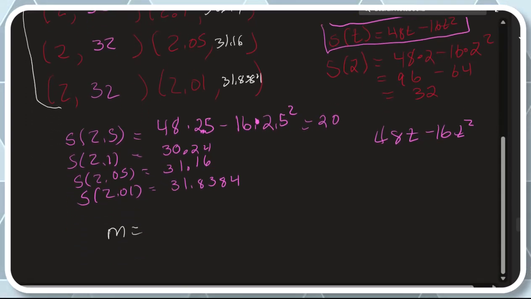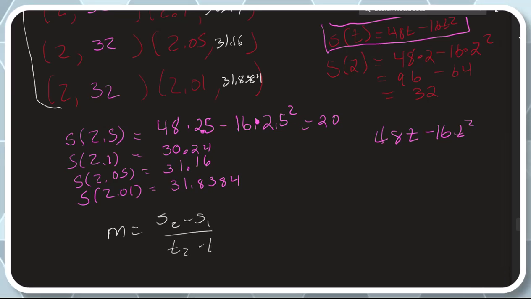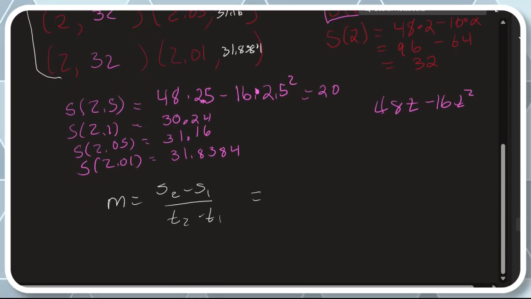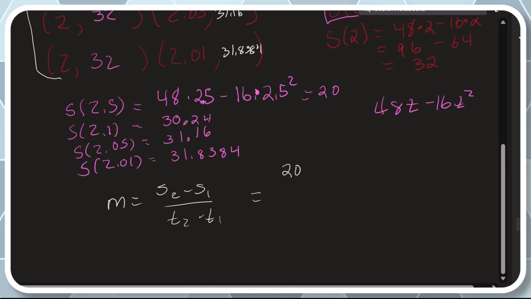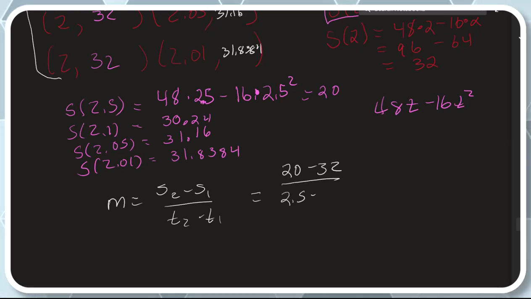So m will equal S2 minus S1 over T2 minus T1. For our first one, that would be 20 minus 32 over 2.5 minus 2. And I get negative 24.